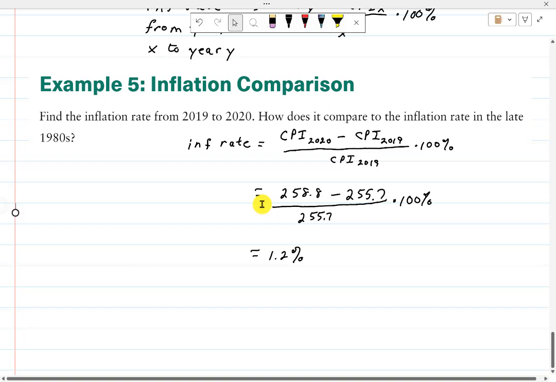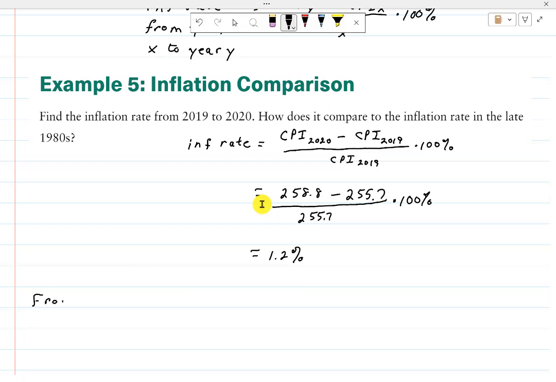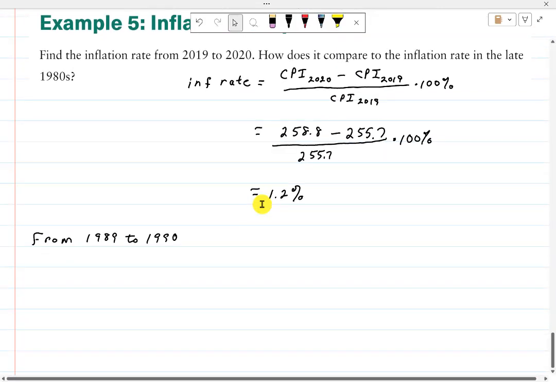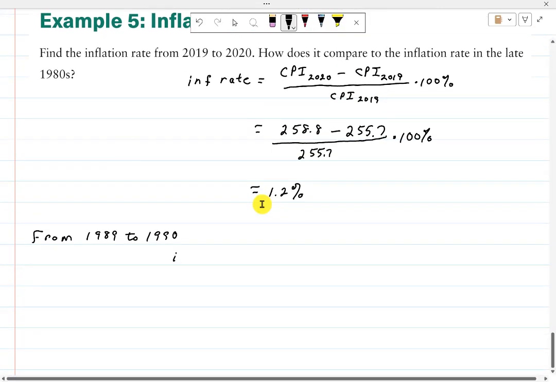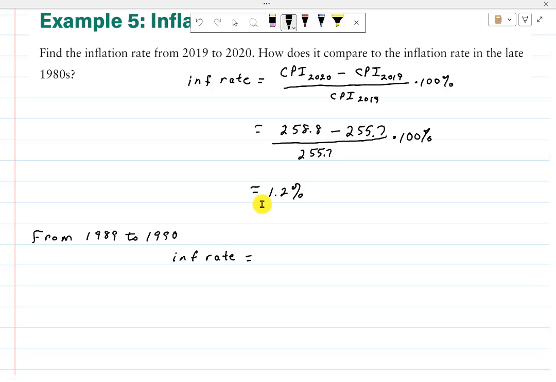So let's do from 1989 to 1990. So the inflation rate for those years, we'll have the CPI for 1990 minus the CPI for 1989 divided by the CPI for 1989 times 100%.